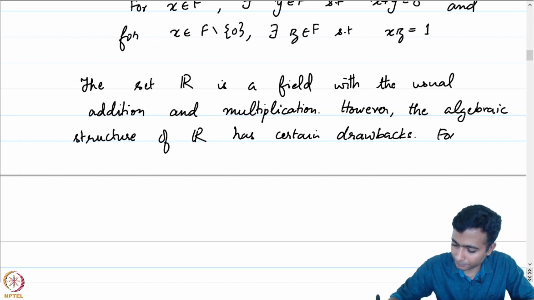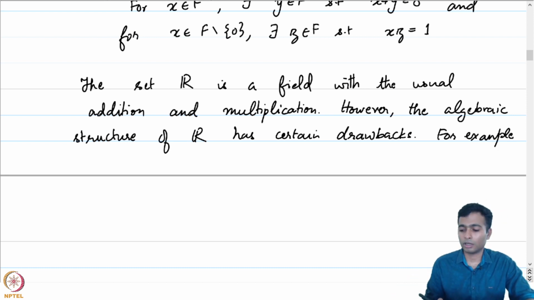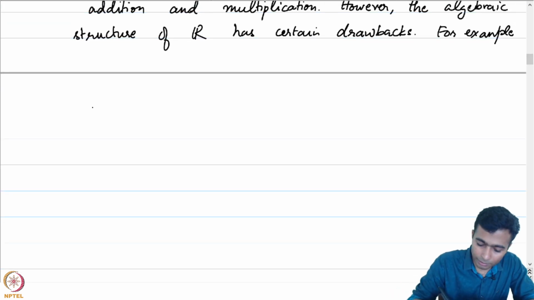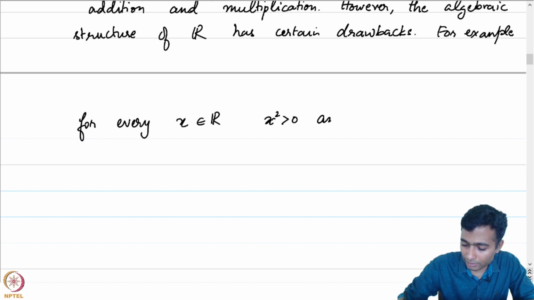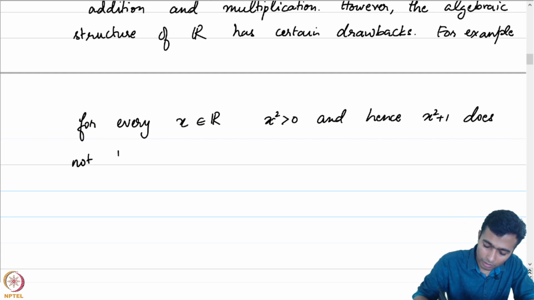For example, all polynomials need not have roots in the field of real numbers. So, for example, for every x in R, x square is positive, and hence x square plus 1 does not have a root in R.